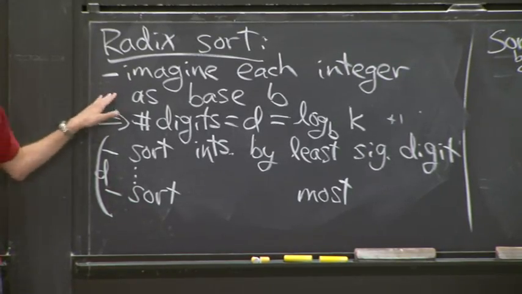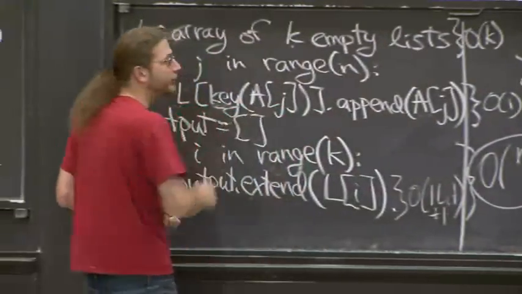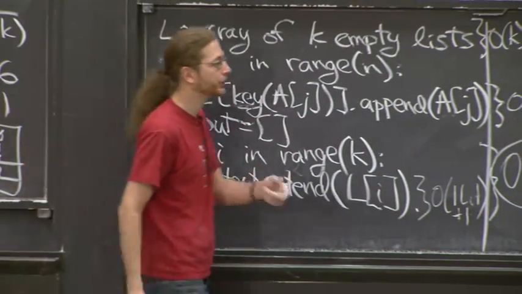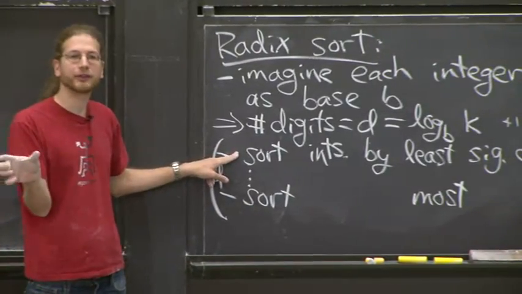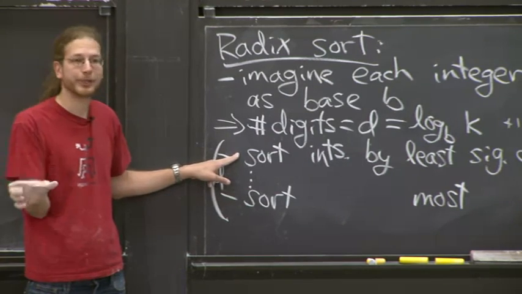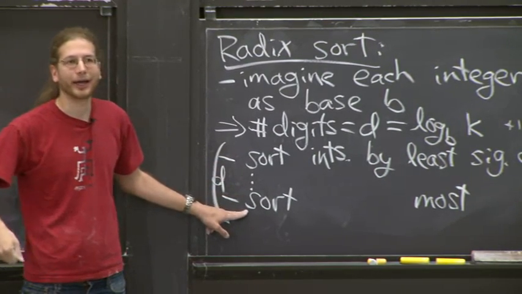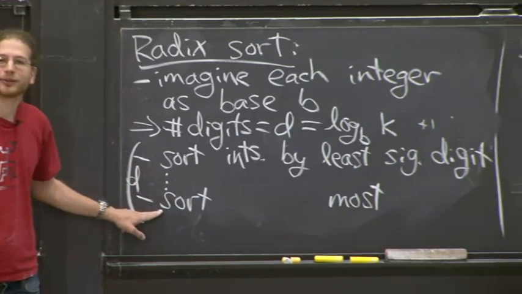Now here is where we're using this idea of a key. When we say key of one of our integers, what we do is compute the digit we care about. So if we're in this step, the key function will be compute the least significant digit, which is like taking it mod b. To compute the most significant digit is like dividing by b to the power d minus 1 or so.